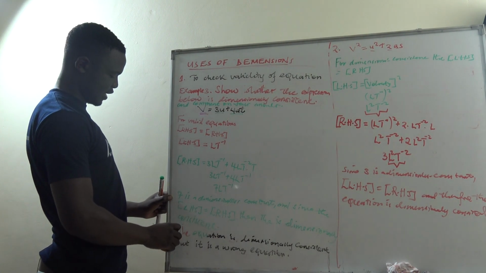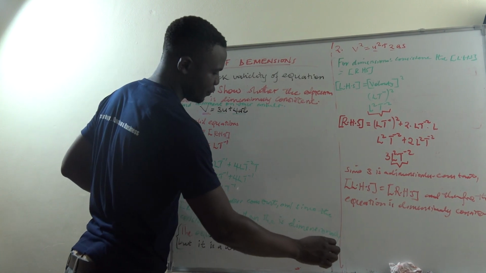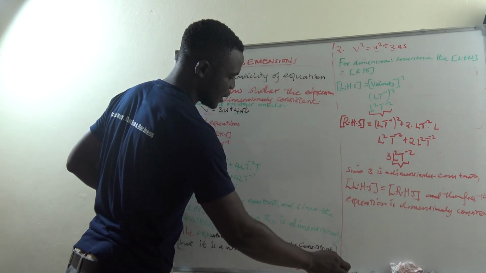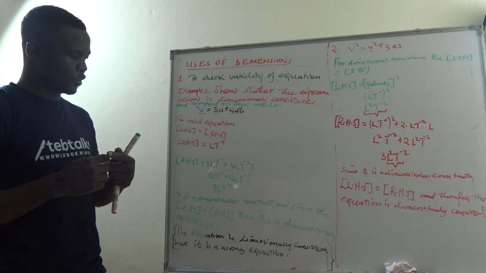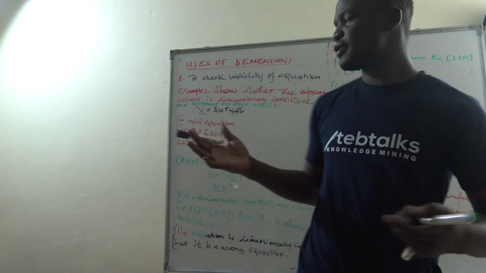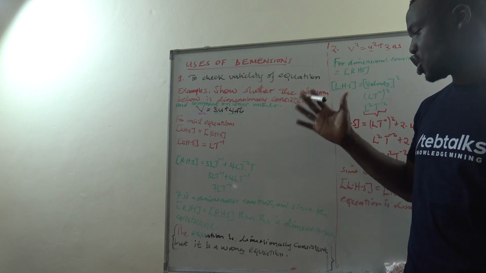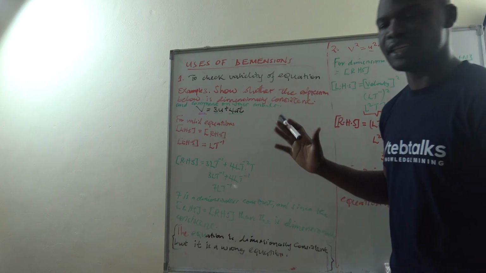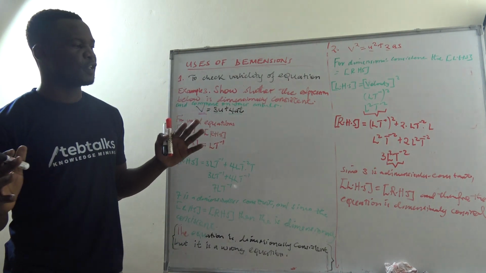This tells us one of the shortcomings of using dimensions to show whether equations are correct. Dimensional analysis just shows us that an equation is consistent, but it doesn't tell us that the equation is correct.